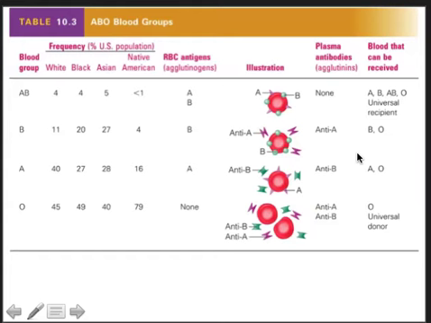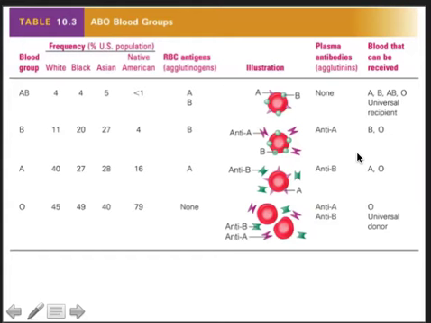And the two major groups that we concern ourselves with in blood typing in order to avoid what we call a transfusion mismatch reaction, which would result in agglutination and the potential death of the recipient due to a mismatched transfusion, are the ABO group and the RH group, and we'll talk a little bit about why that is.